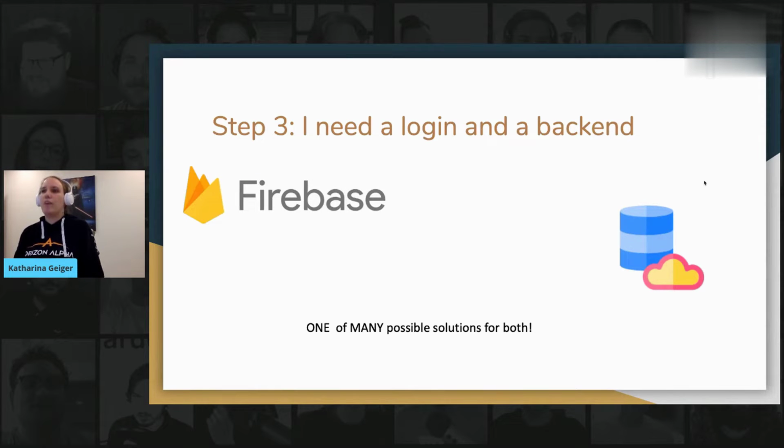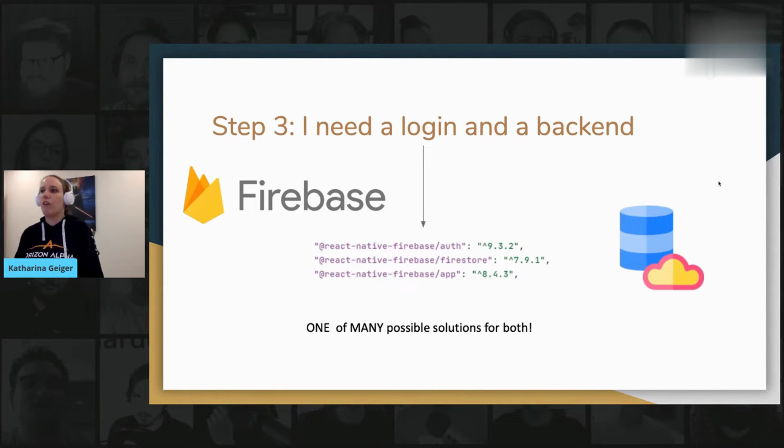Okay, Google Firebase. There is a React Native library for Google Cloud Firebase, which I can add to my React Native project. It has a solution for the login problem with the auth library, and it also has a solution for the backend problem with, for example, the Firestore.